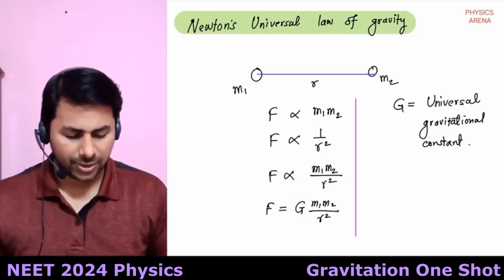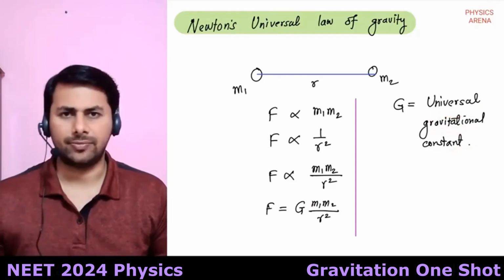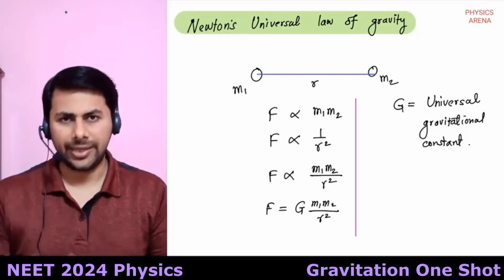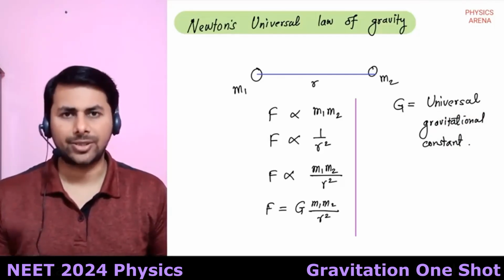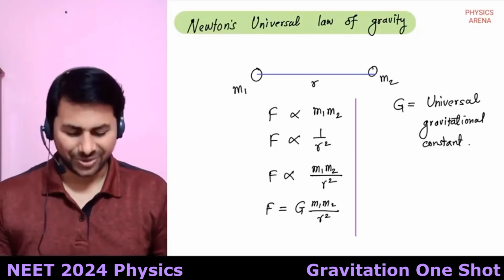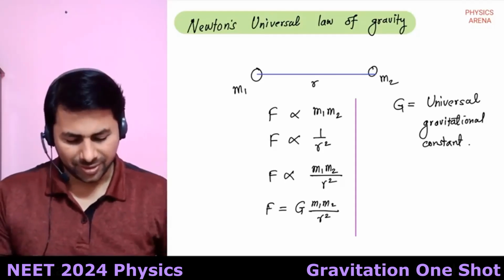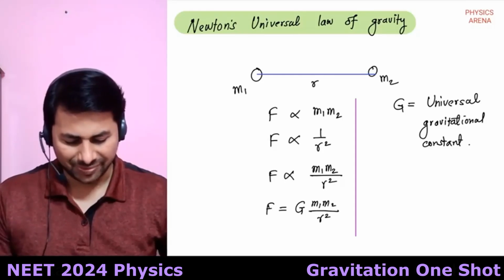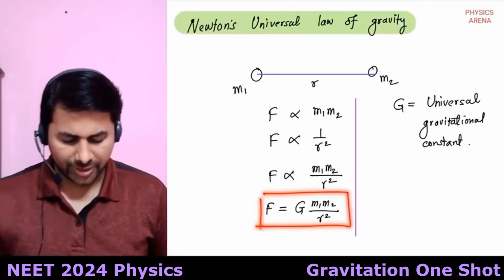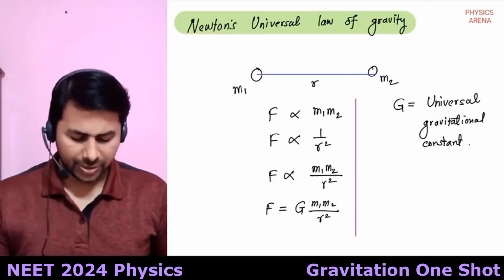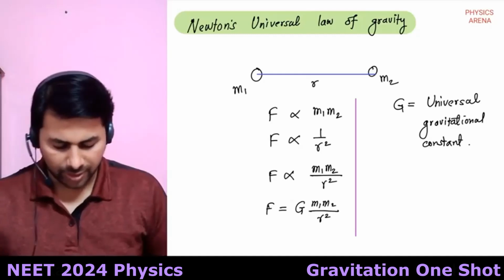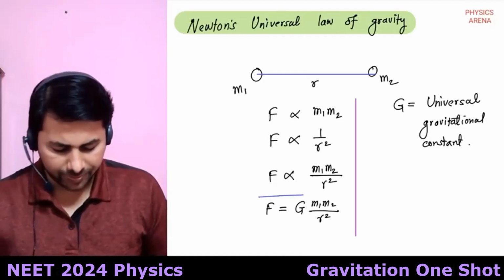That constant is known as the universal gravitational constant. This constant is the same for the force of attraction between any two bodies in the entire universe, in the solar system and beyond. So this is Newton's law of gravity. F is equal to G times m1 m2 upon r square. This formula, of course, we have to remember.